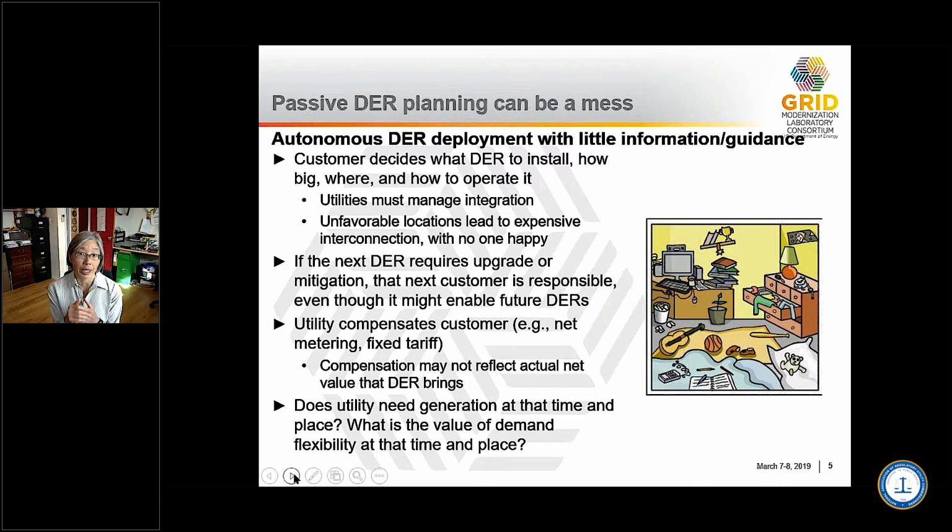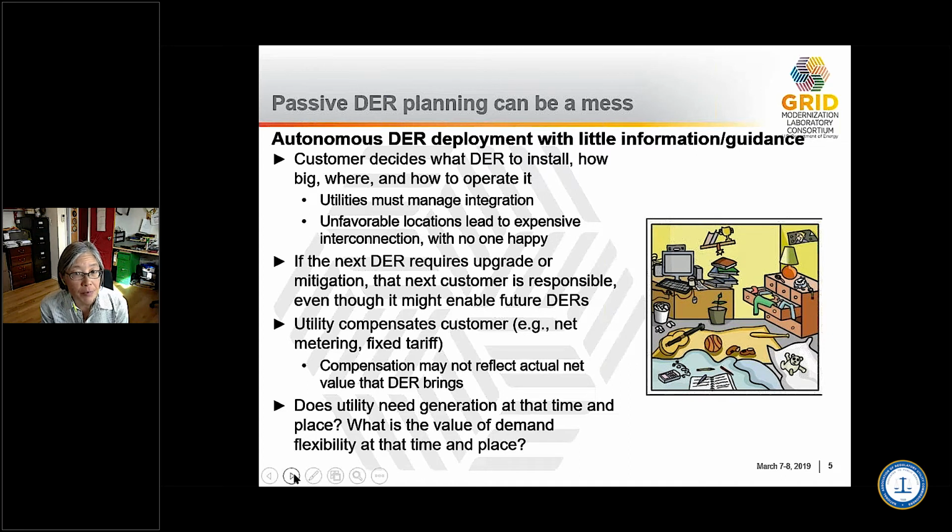You probably already know about the battles between utilities and DER developers regarding what's the value that DER brings to the system, whether the DER compensation is shifting costs to other ratepayers. So there's a lot of controversy around some of these things.